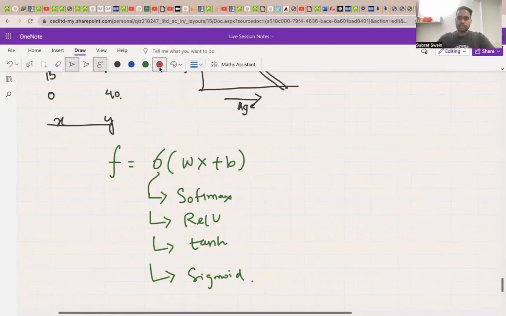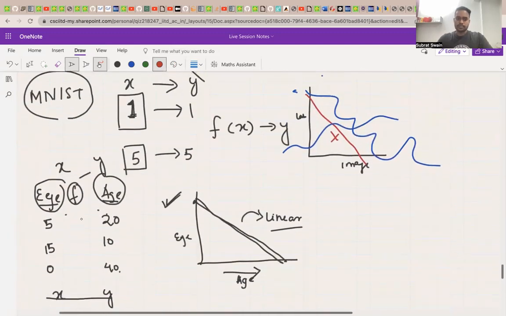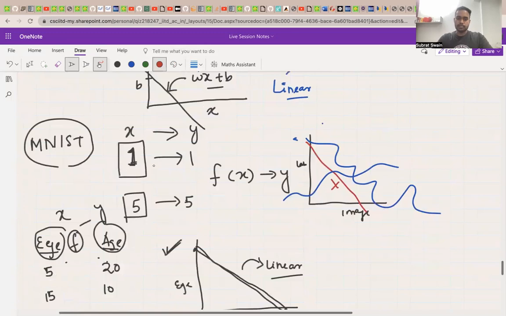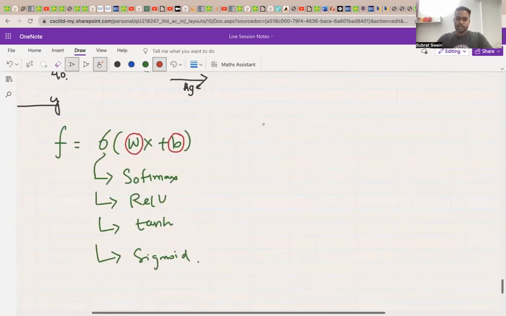And I just reiterate, this W and B we don't know. Okay. So I'm assuming that I know W and B somehow. So this can be a function. This is like the input, the digit image, and the correct prediction for the label. Let's say I suppose this function is sin x.